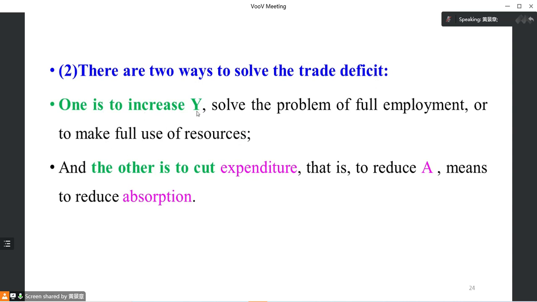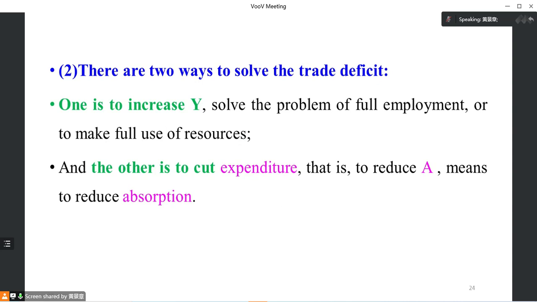One is to increase Y. Increasing Y means increasing national income. Using this method, we must solve the problem of full employment or make full use of the resources.